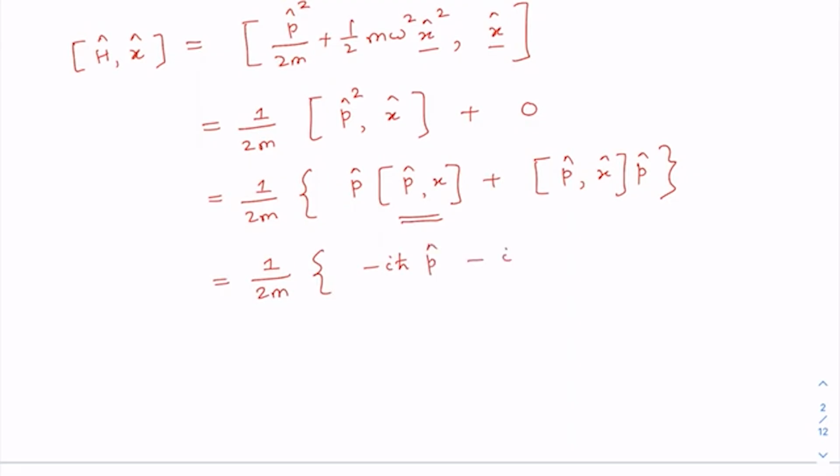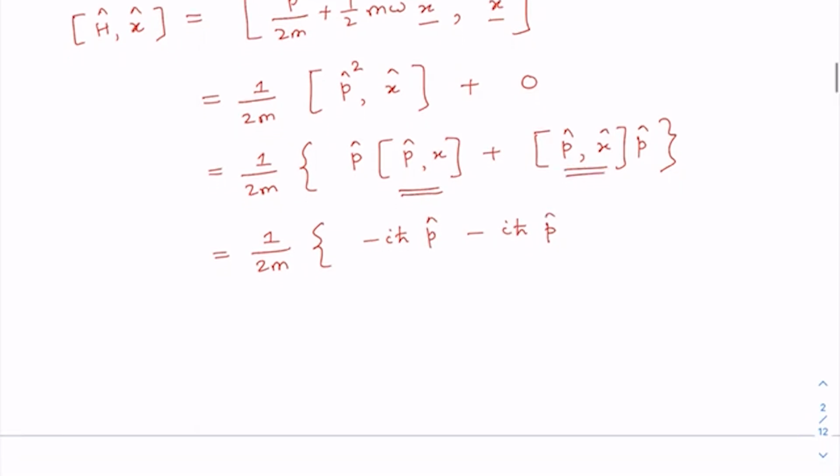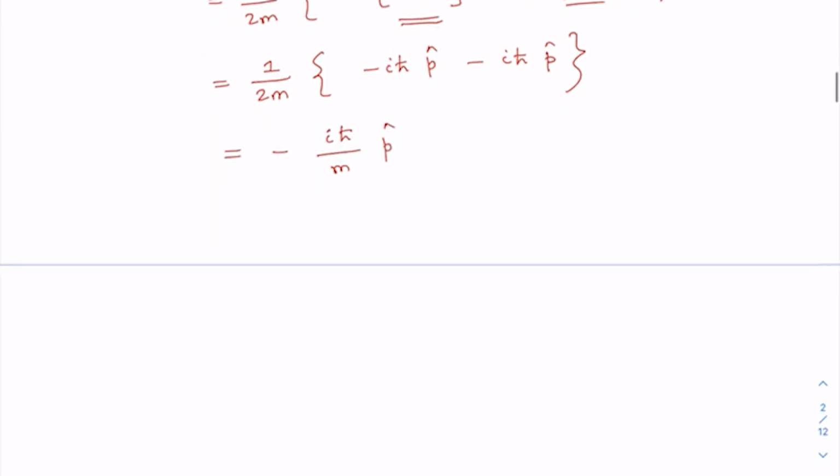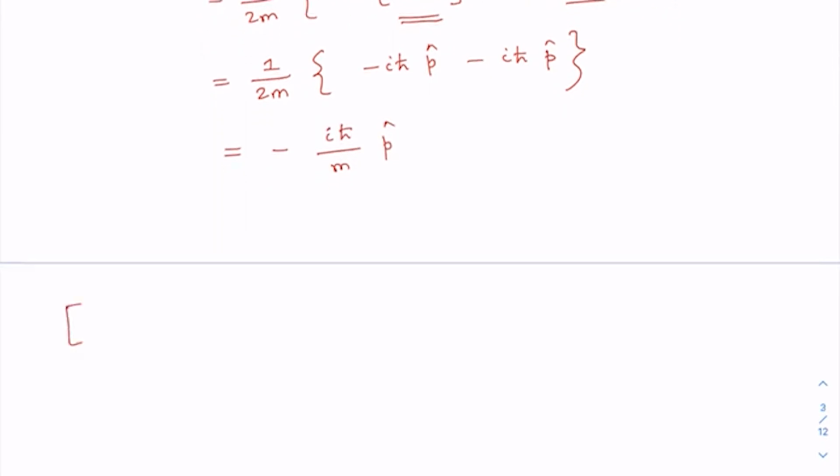Similarly from the other I will have minus iħ p. Okay, this is going to give me minus iħ, so therefore I will have here it as minus iħ by m p.